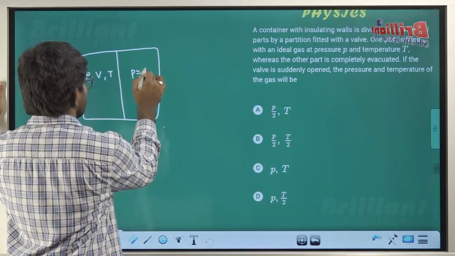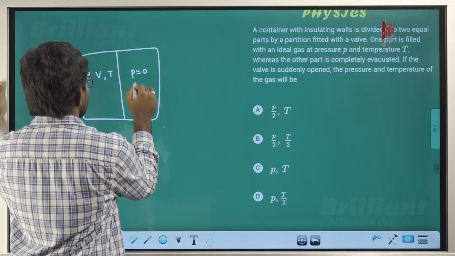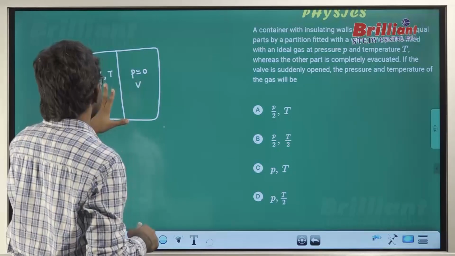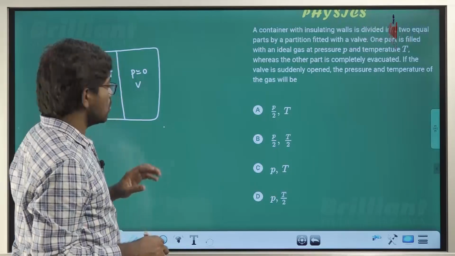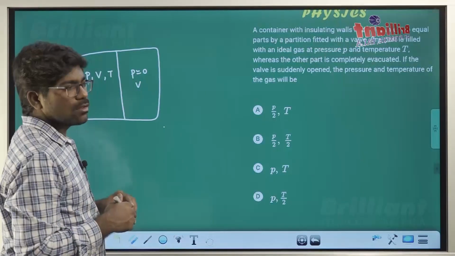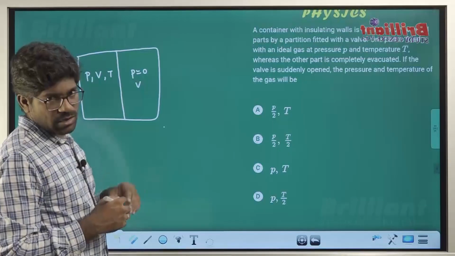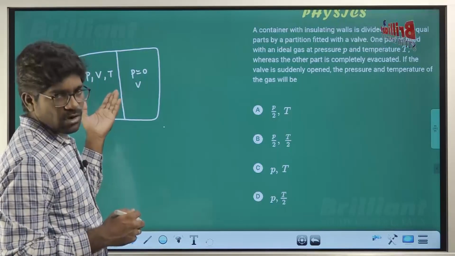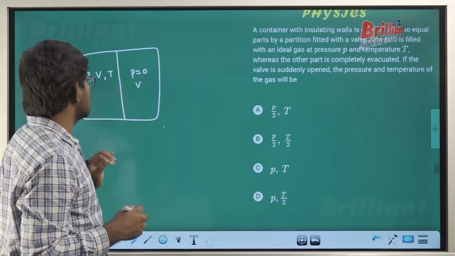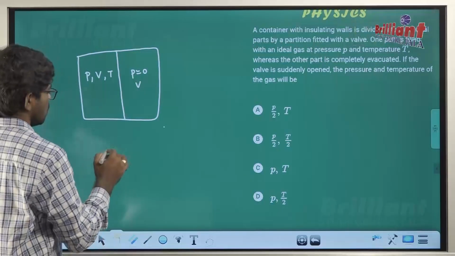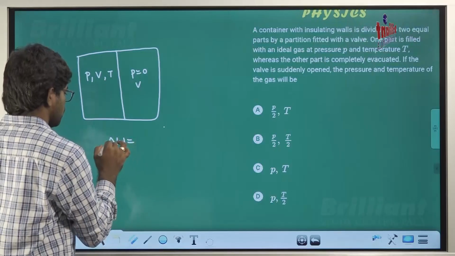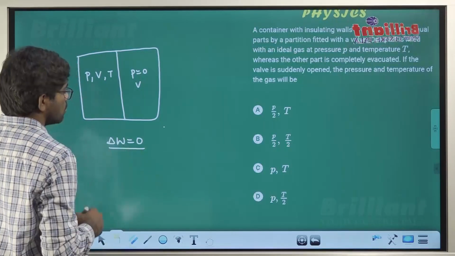The meaning is the pressure is 0 here, right? And volume is V. When you release this, here the pressure is 0. It means what is the work done? It's like free expansion, right? Freely it will expand because there is no external force, there is no external pressure. When freely it expands, the work done will be 0, right?